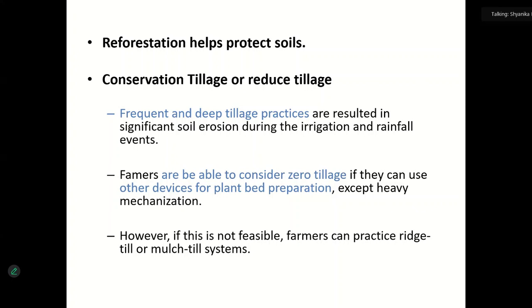Otherwise, it will lead to more soil erosion and also damage the soil structure, right? If we do deep tillage, it definitely damages the soil structure. That is also not good.